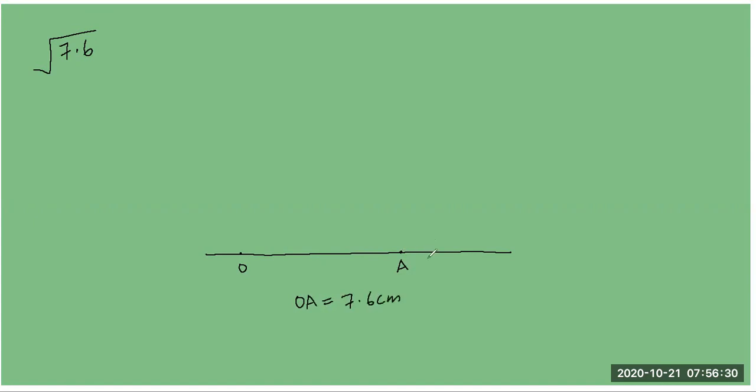Take 1 centimeter extra, AB 1 centimeter extra. Find the midpoint of OB, not OA. Remember, OB is equal to 7.6 plus 1, that is 8.6 centimeter.